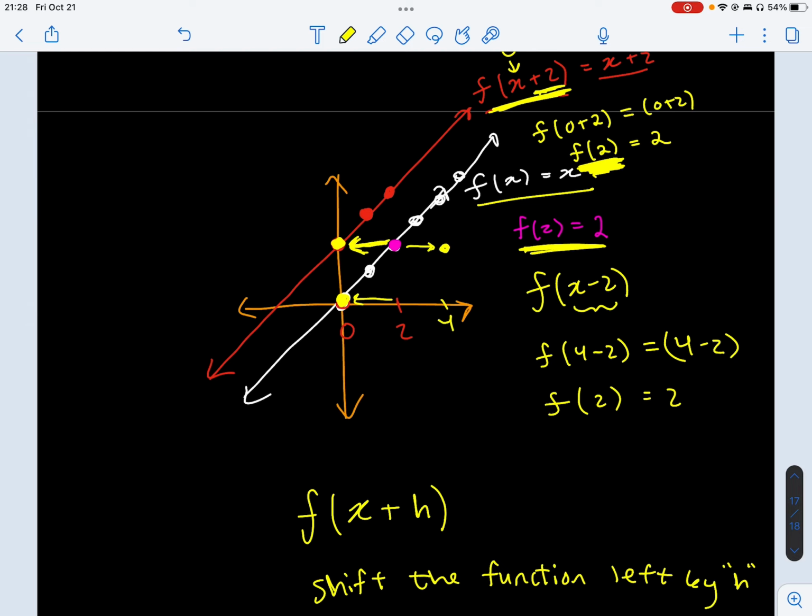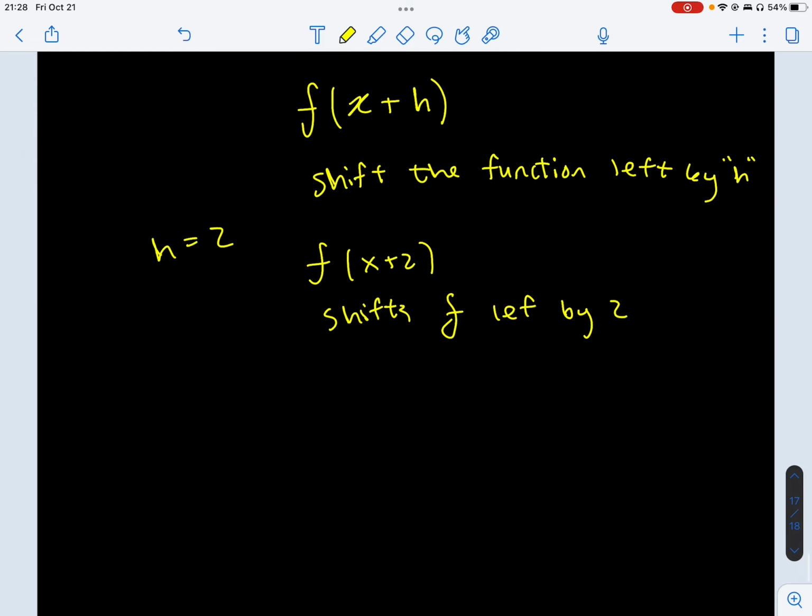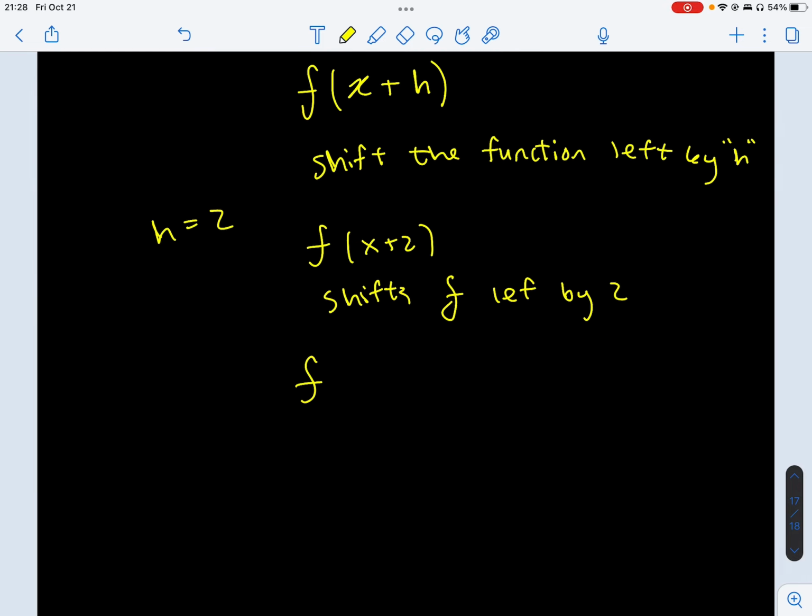In this case, it's going to shift to the right. So f of x minus 2 is going to shift f right by 2.